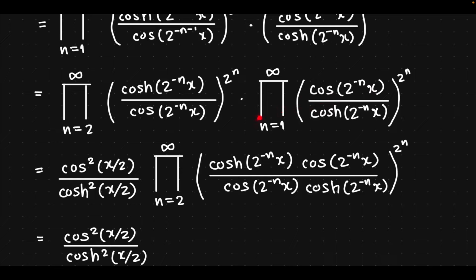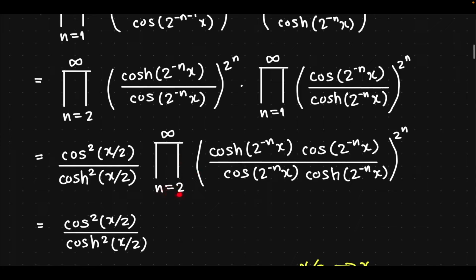So the n equals 1 term is cosine of 2 to the minus 1 of x, to the 2 to the 1 power. So that's cosine squared of x by 2 divided by cosh squared of x by 2, because that power also applies to the denominator. So then we have the product from n equals 2 to infinity, because we removed that term, and then we can start the second product from n equals 2 and combine, I keep saying sum, I'm sorry, a product.